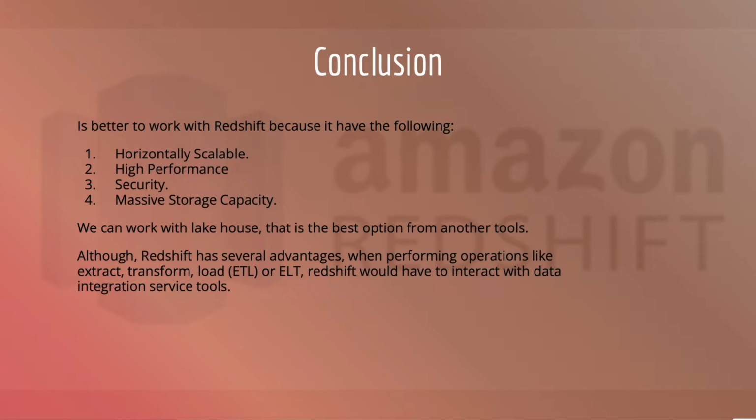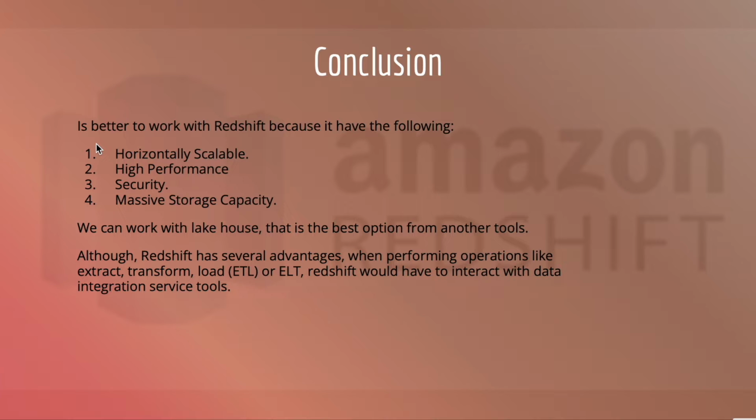So in conclusion, Amazon Redshift is very good. It has great scalability, high performance, it can perform queries very fast and very accurately, it has great security, it can handle so much data, and so much more.